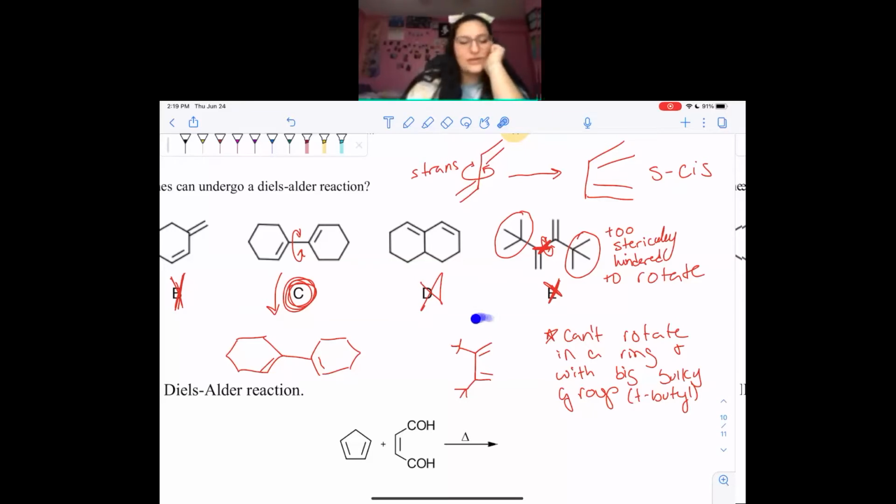And yes, so this one could undergo because it is a lot of sterics, you're right, but it's already in the S-cis conformation. So for the purposes of this class, this can work, this cannot. Because it's too sterically hindered to rotate, not necessarily to react. Does that make sense-ish?